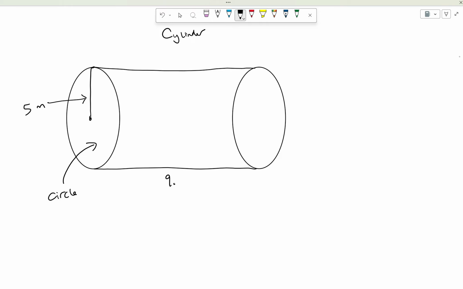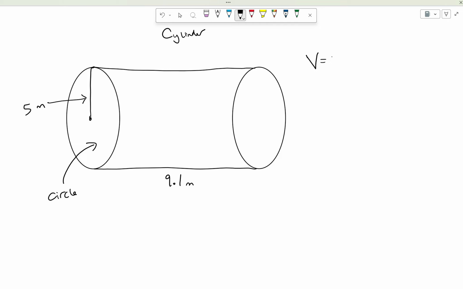This length between the two bases, and I keep drawing all these on their quote unquote side, but there's no such thing as that side, is going to be 9.1. That's just the length between the bases, because we have to get our terminology down.